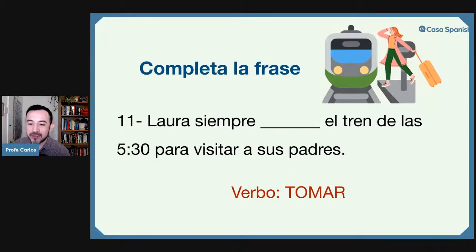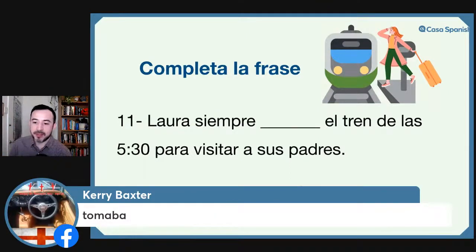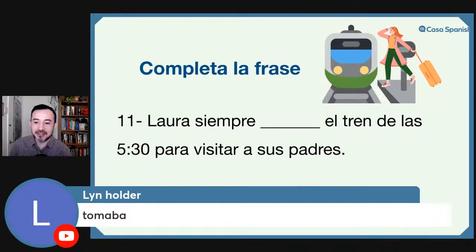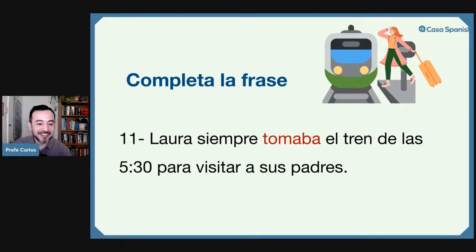What do we have? So, Carrie tomaba, Lynn tomaba, Hazel tomaba, Julia tomaba, Karen tomaba, Carolyn tomaba. And you guys are all correct. Tomaba. Laura siempre tomaba el tren de las 5:30 para visitar a sus padres.